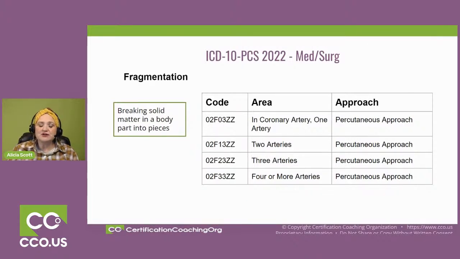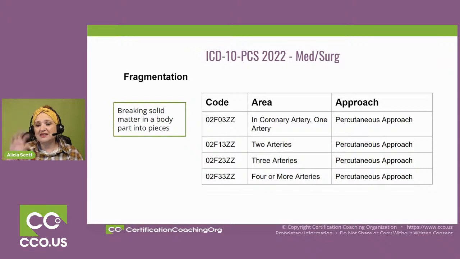What about fragmentation? Just a little refresher on the new fragmentation codes. We're breaking up solid matter in a body part into pieces. The new codes are in coronary artery, the same thing, 1, 2, 3, 4 or more arteries, and percutaneous approach on all of them.